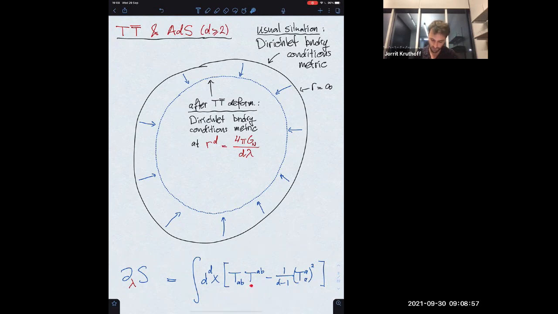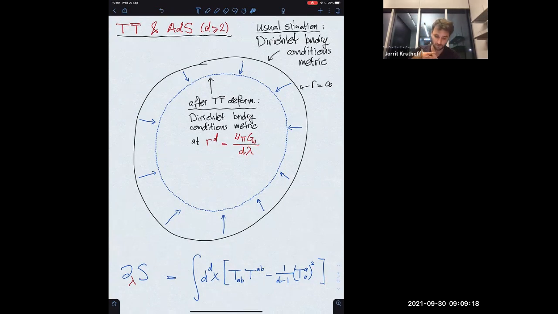So here this T now depends also on lambda. So this is some non-trivial flow of theories parameterized by lambda. Yeah, so that's the main proposal.